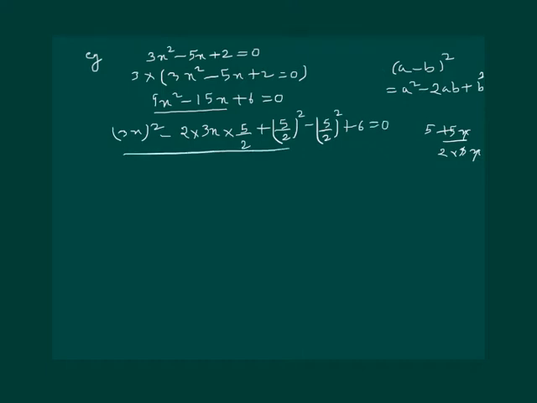This helps me to convert the x terms into perfect square, and we are left with 25 by 4 plus 6 as the constant term. Solving the constant term, we get 1 by 4.